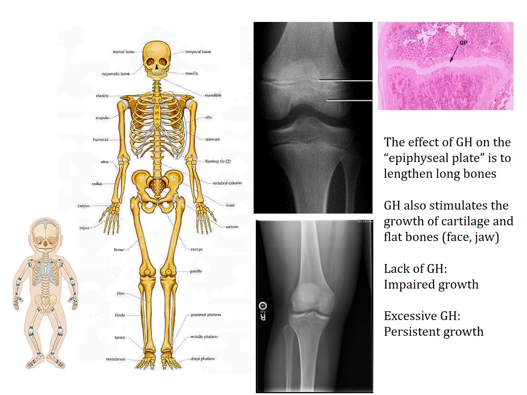So therefore, what do you think happens to an individual who's lacking growth hormone versus an individual who has excessive secretion of growth hormone, right? The person lacking growth hormone will have impaired growth of bone, muscle, and cartilaginous tissue, and the individual with excessive growth hormone is going to have exaggerated growth of bone, muscle, and cartilaginous tissue, right?